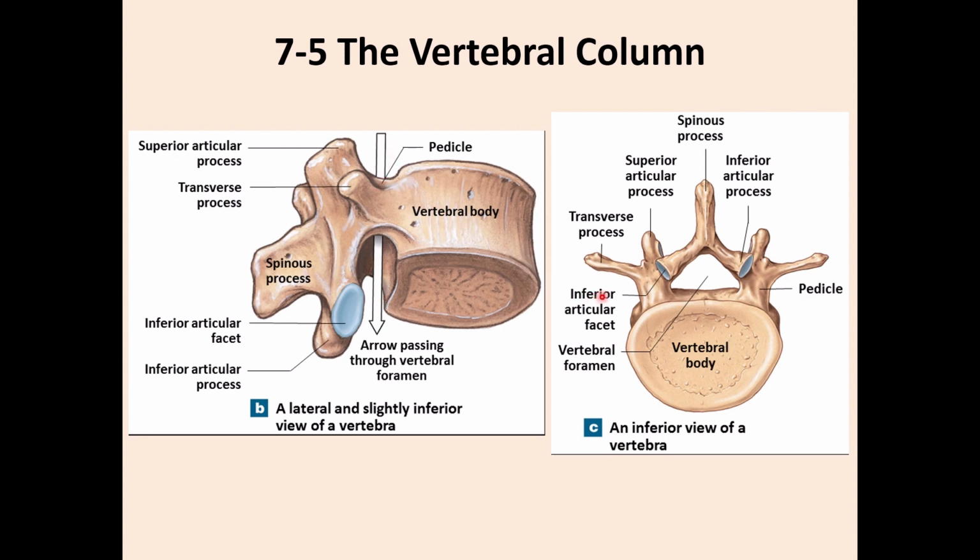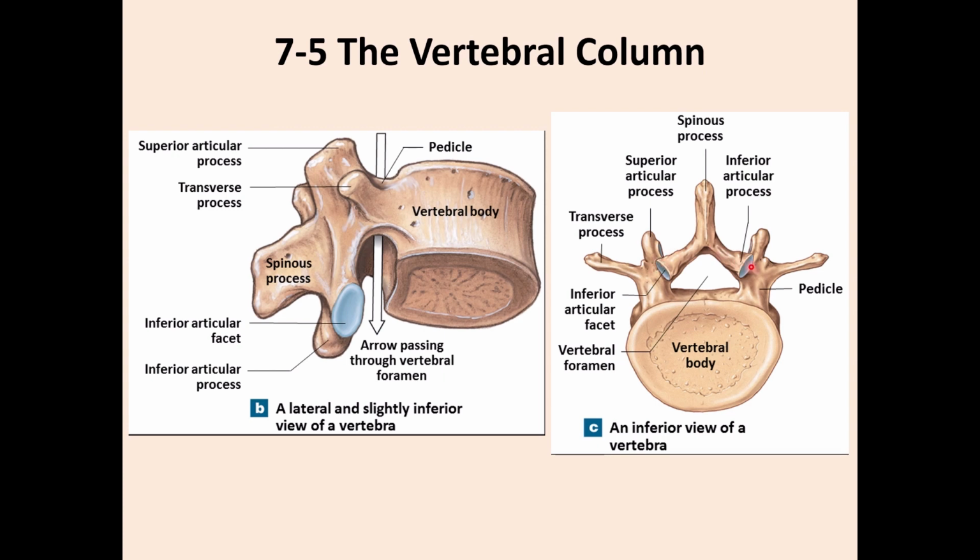Then you have the processes. This is a process, a bony projection. This blue area that you see is called a facet. Facet means a flat area. This is an articular surface. You have the transverse process, 2 of them, one on each side. You have the superior and inferior processes.